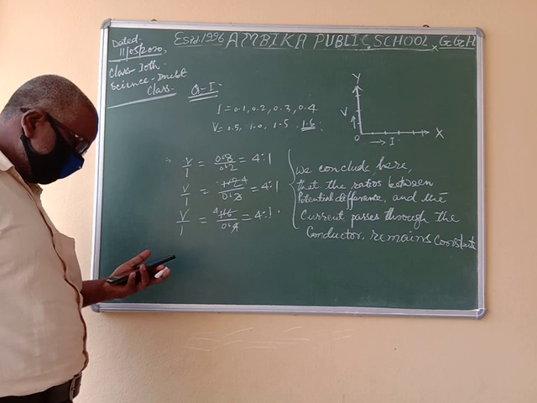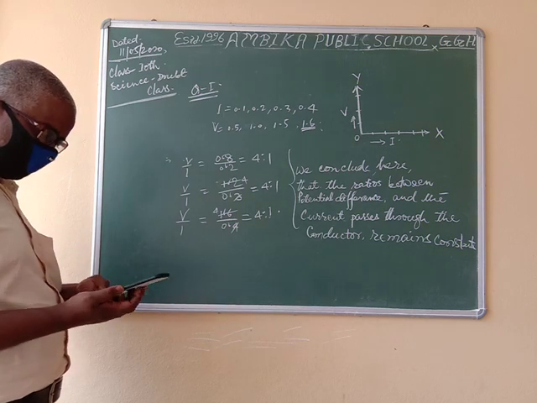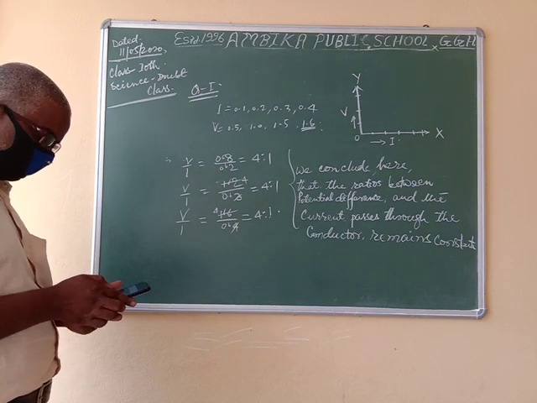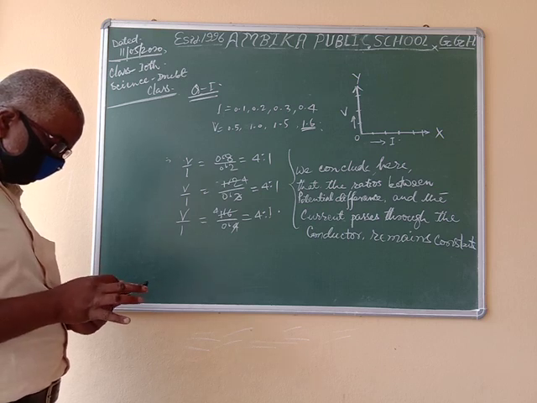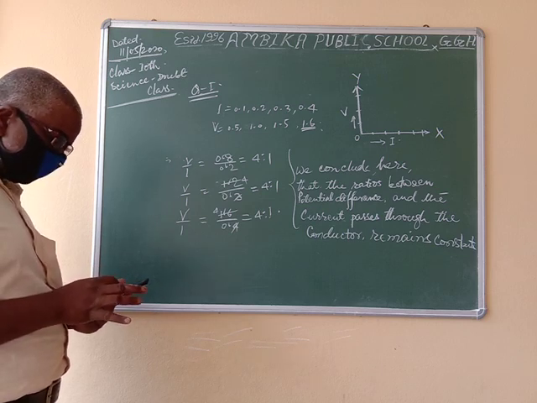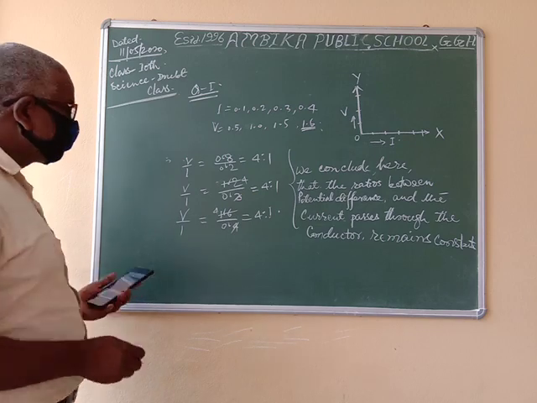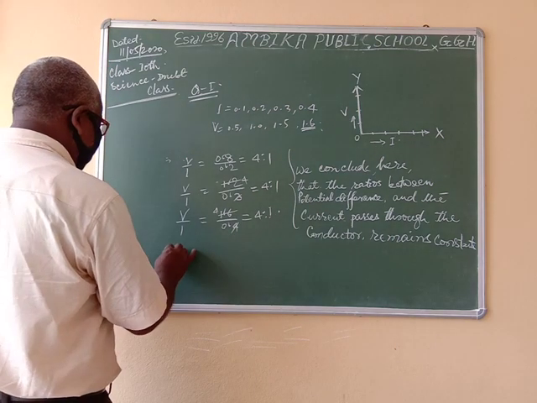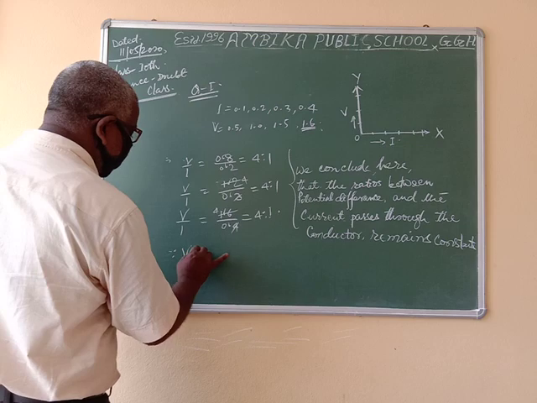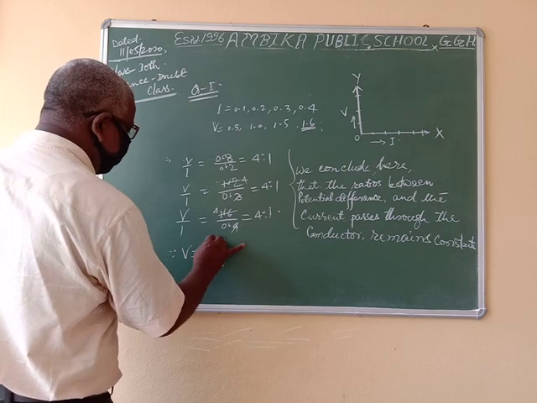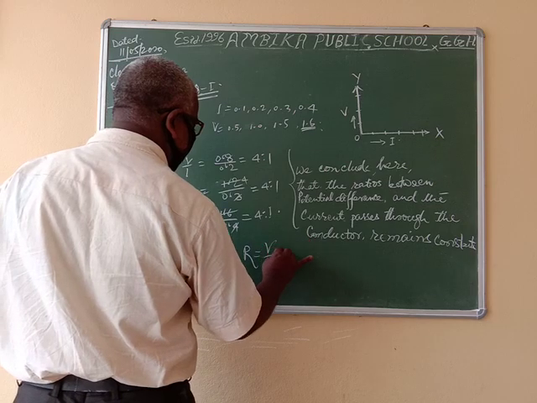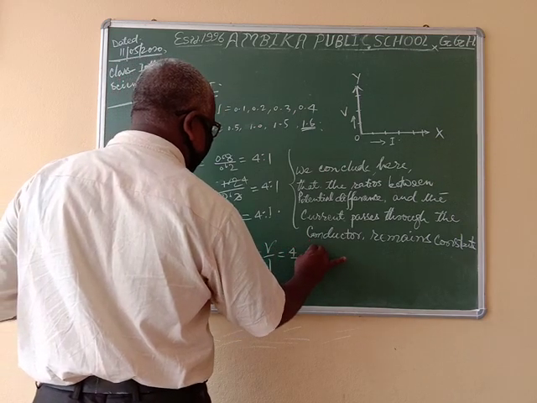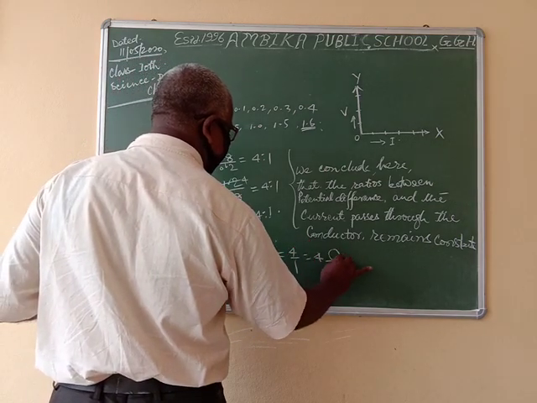Another point: what is the resistance of the wire? Since V is equal to IR, or R is equal to V by I, this is equal to 4 by 1, which is 4 ohm.